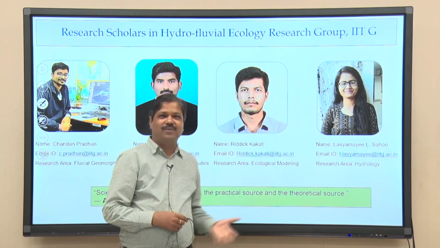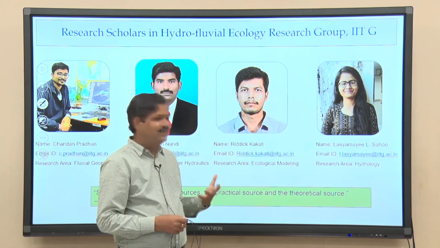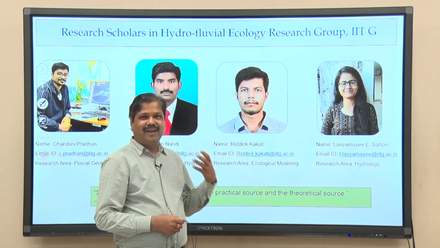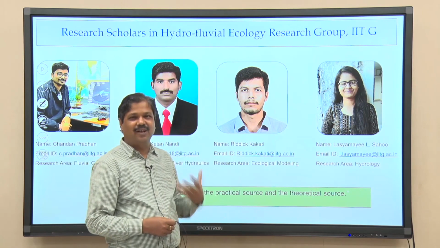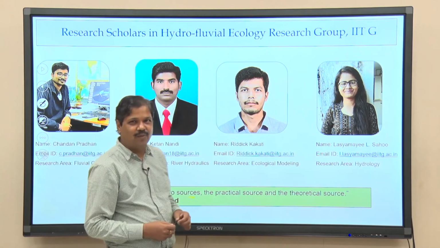I think river mechanics follows two parts: one is theoretical knowledge, another is practical knowledge at the river scale. That combination gives river engineering in its different facets. Thank you very much.